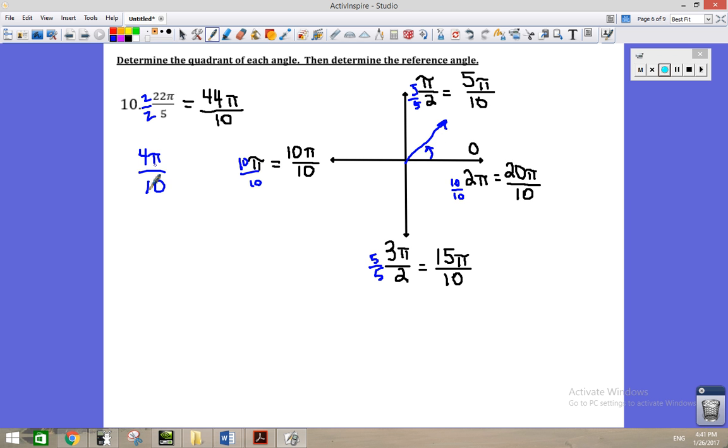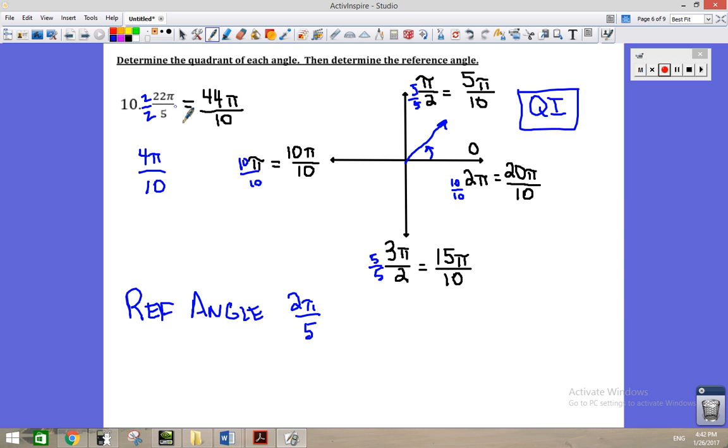So when you're in quadrant 1, the reference angle is this acute angle, this angle between 0 and 2 pi that we found that was coterminal to 22 pi over 5. So my reference angle, I'm in quadrant 1, is 4 pi over 10, but 4 and 10 are both even numbers, so that reduces to 2 pi over 5.